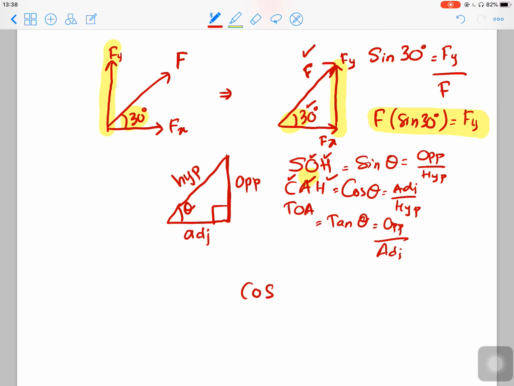So cos theta, or cos 30 degrees, equals the adjacent, which is Fx, divided by the hypotenuse, which is F. So we can find the value of Fx: Fx equals F cos 30 degrees. Okay, so this is the concept of cos and sine regarding forces in equilibrium. Okay, so next we can proceed with the exercises. Thank you.